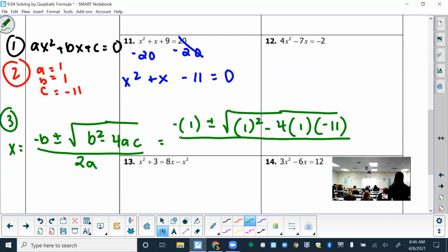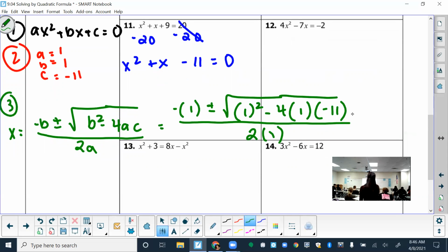And then all over 2A. So then 2 times 1. Questions about how we plug this in?